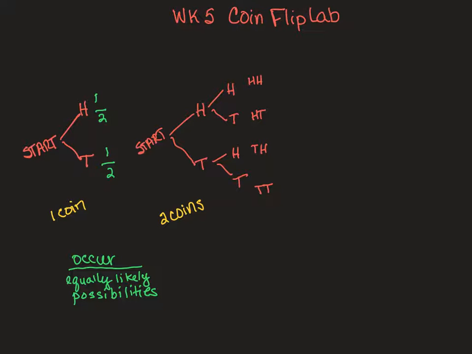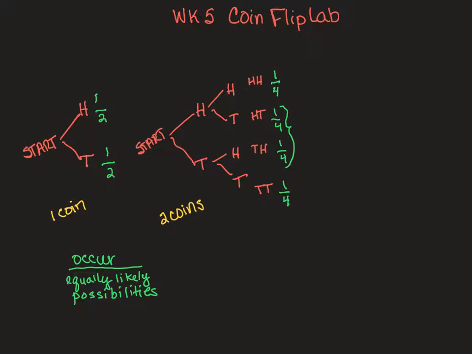So I'm looking at this, and I have four different options. This is one, this is one, this is one, and this is one. But these two are actually the same thing. It's a head and a tail.